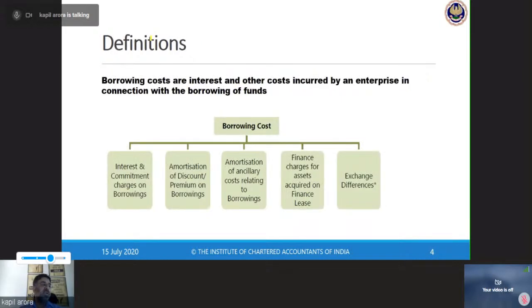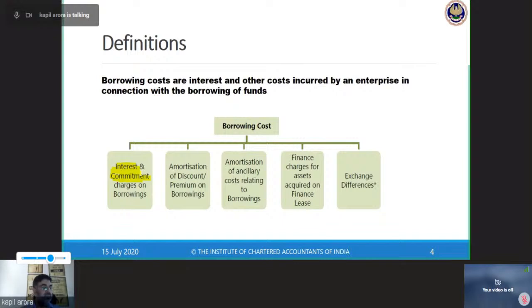Now what could be the borrowing cost, as everybody was talking about? Borrowing cost could be the interest or any commitment charges we are paying. Generally the interest only. So interest is the cost which we pay in addition to the borrowing which we pay back to the lender.